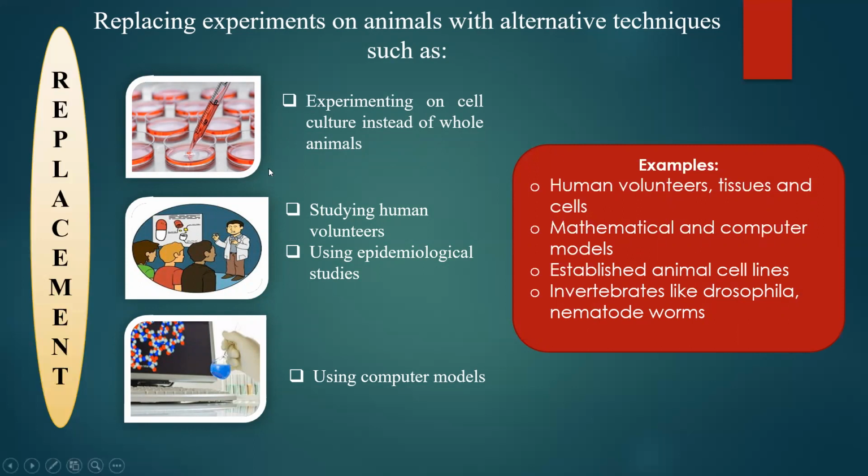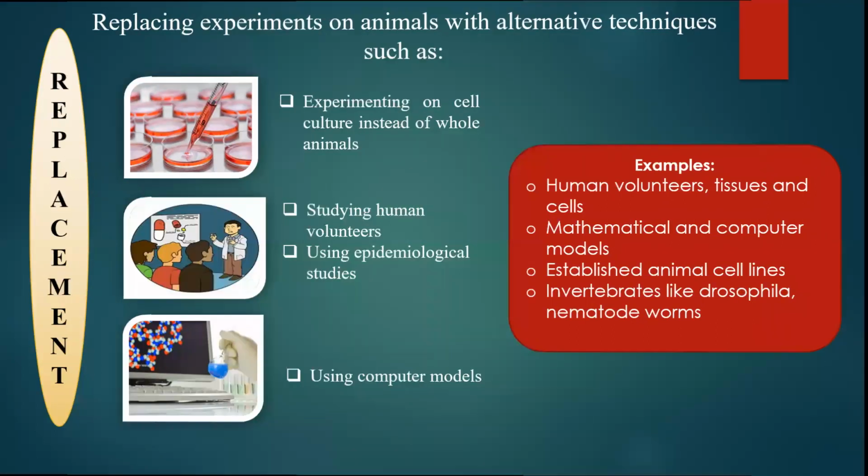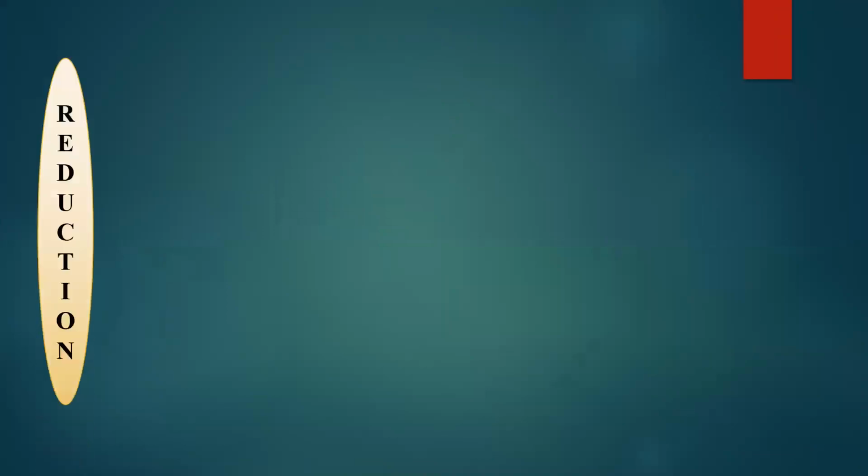So the ultimate goal of this replacement is that if you have some techniques which will give results similar to animal experimentation, then you can replace the use of animals and use these in silico or in vitro techniques.